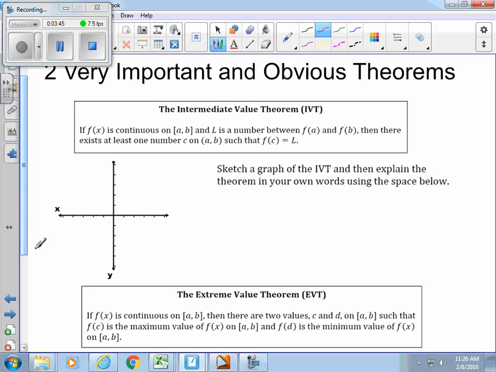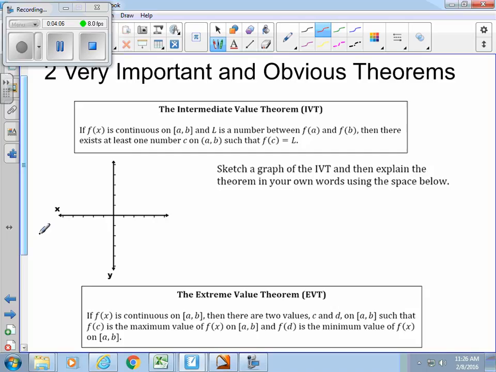All right, so we're going to learn 2 theorems that, as I tell them to you, you're going to be like, duh. They're very obvious theorems. They're ones you could probably figure out. But they actually have huge implications later in calculus, and we're going to use them quite a bit.